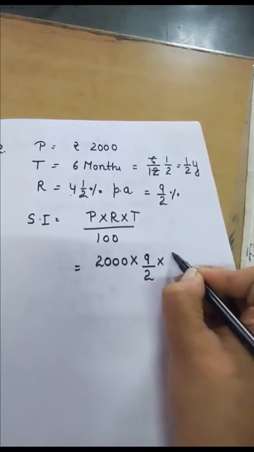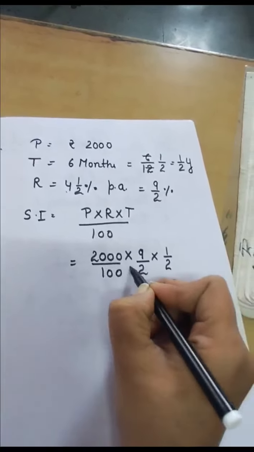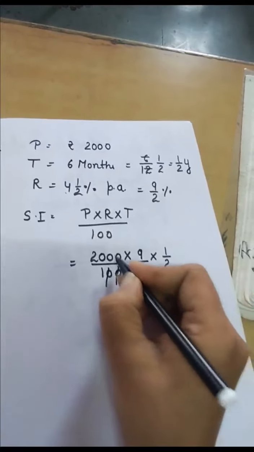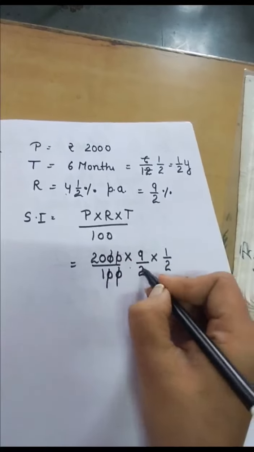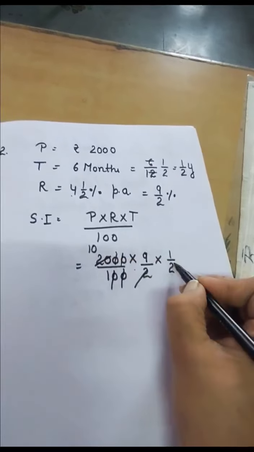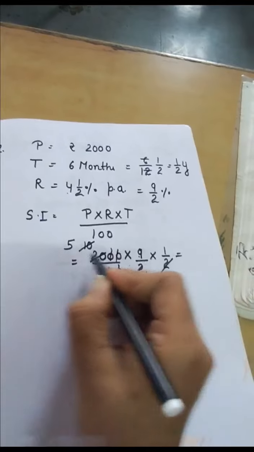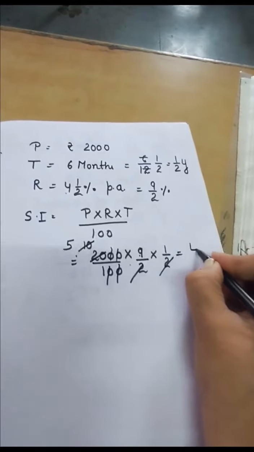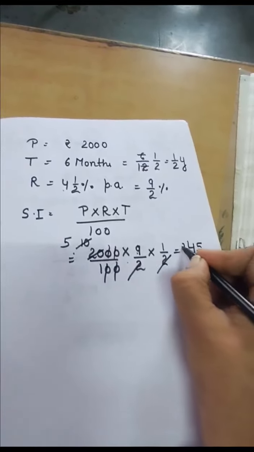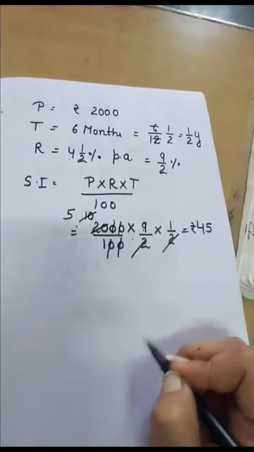Time period is 1 upon 2, and here we can write down 100. So now zeros cancel by 0. 20 divided by 2 will get 10, and 10 divided by 2 is 5. So here we have to multiply these two. 9 5s are 45. So this is your simple interest, that is rupees 45.